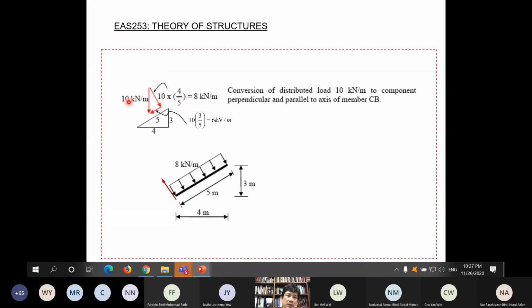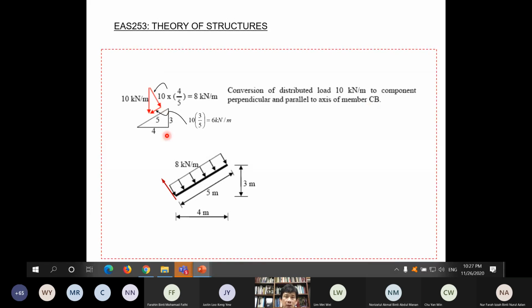And this part is 10 multiplied with 3/5. That is how we take note of this conversion. Conversion of distributed load 10 kilonewton per meter to component perpendicular and parallel to axis of member CB.